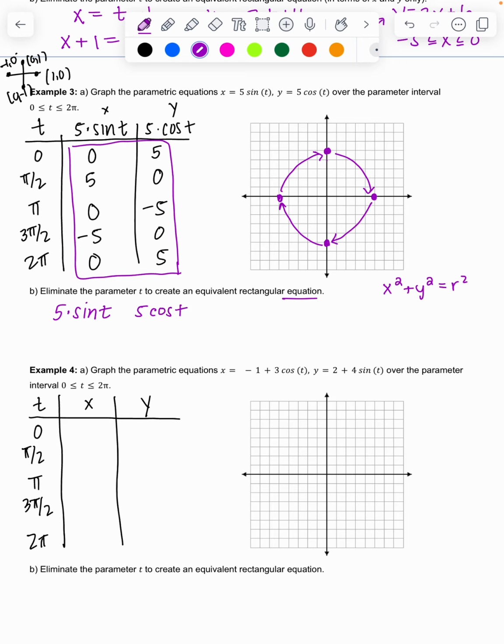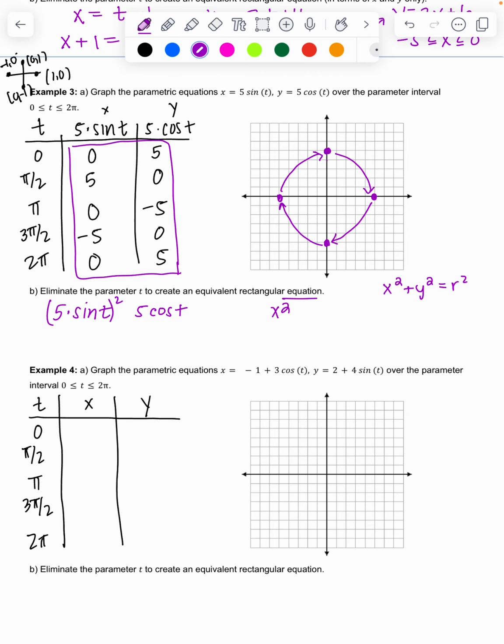Now I need to get rid of that t, but since those are inside arguments, I need the sine and cosine to completely go away. If I wanted to know that my circle equation is going to be x squared and y squared, I know that x squared is the same thing as 5 times sine t squared. So I'm going to square this to get the x squared.